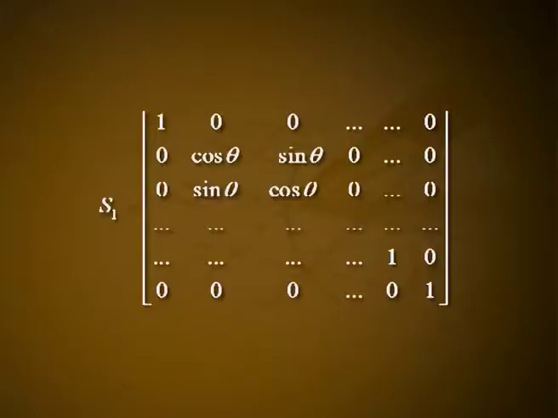S1 equals the matrix with rows 1, 0, 0, etc.; 0, cos theta, minus sin theta, 0, etc.; 0, sin theta, cos theta, 0, etc.; and so on, with the last row 0, 0, 0, etc., 1. Find A dash, that is equal to S1 inverse A S1.